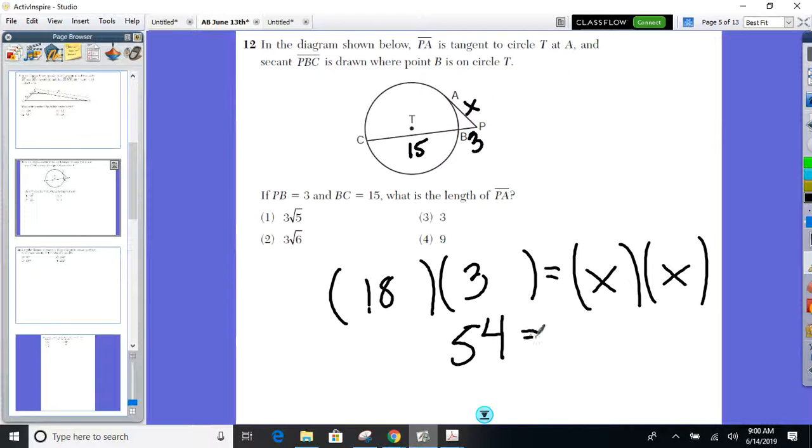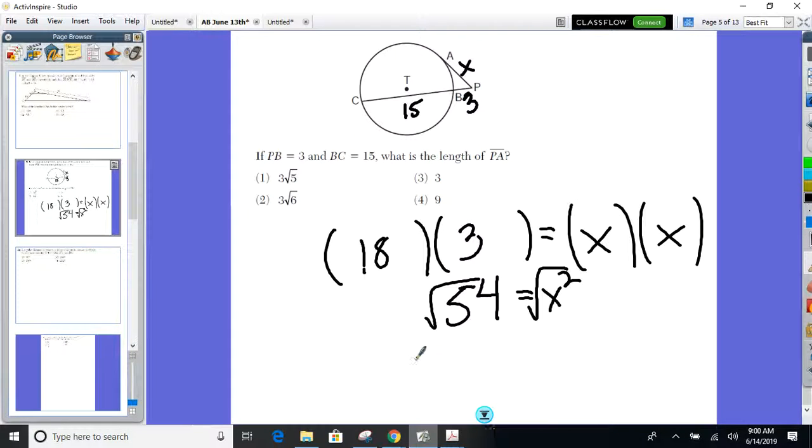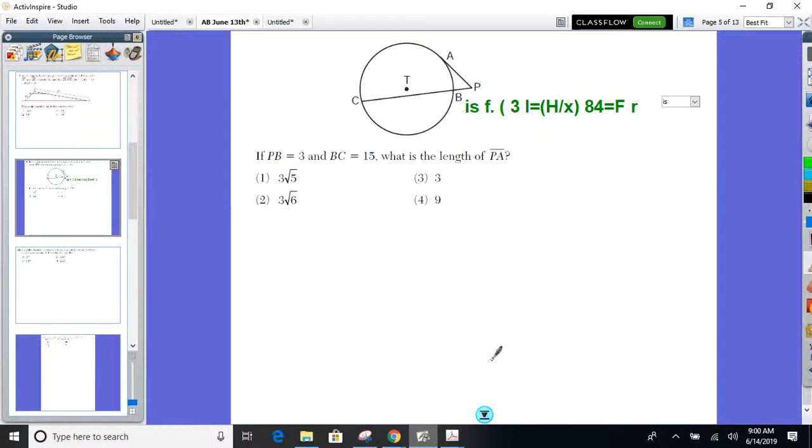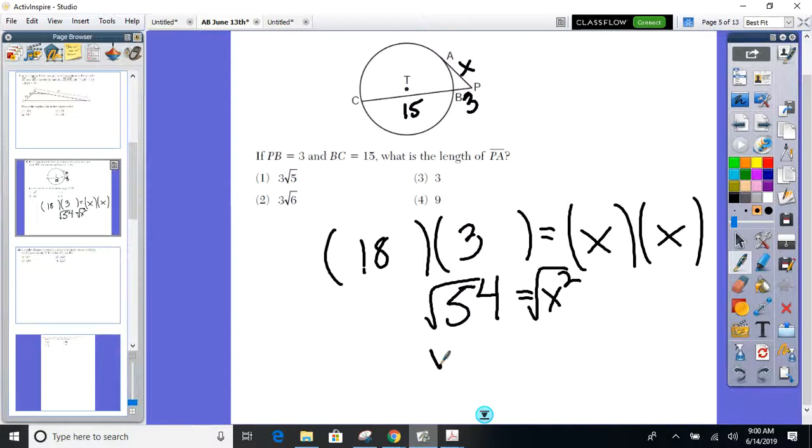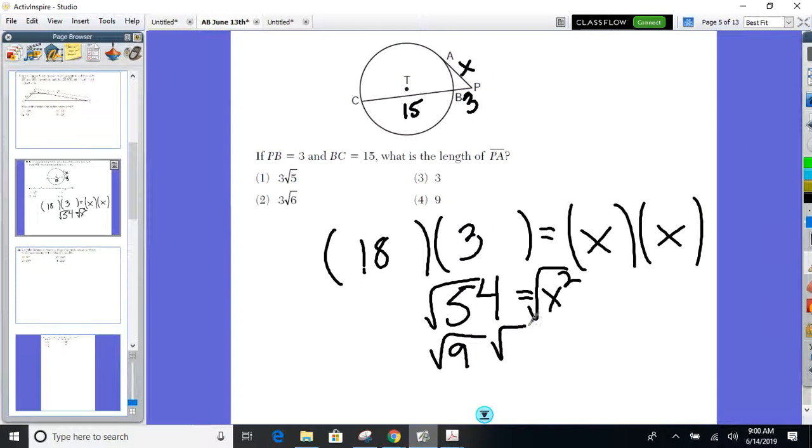So we have 54 equals x squared. Take the square root. Looks like we'll have to break it down. Anybody? Biggest perfect square that goes into 54? 9 times 6.